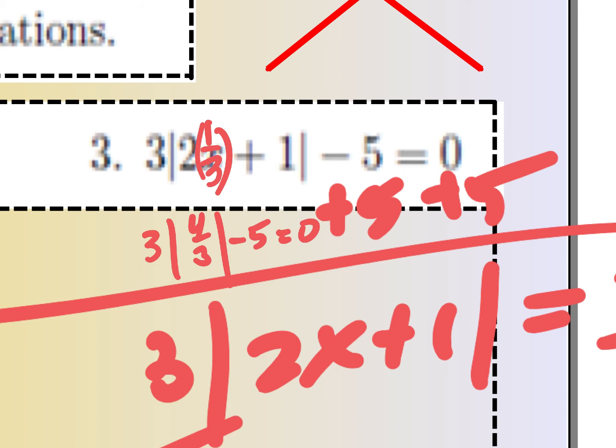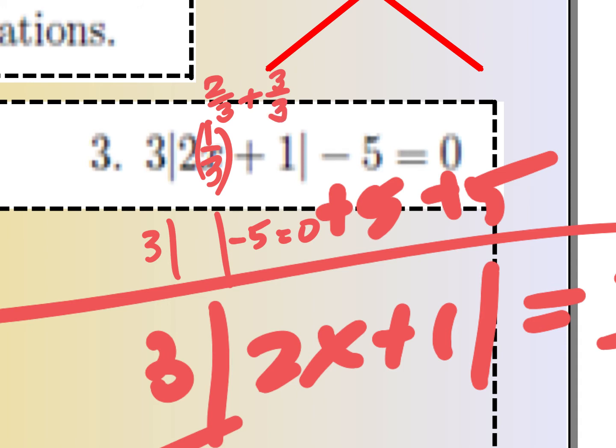Yes. You didn't multiply the 2 times the 1/3, and so you ended up with 4/3. Dang. Ugh. 2 times the 1/3 is 2/3 plus 1. 2/3. I was trying to do too fast and in my head.